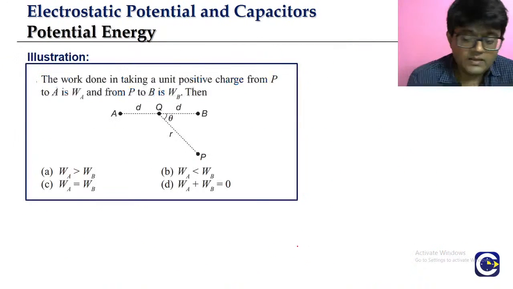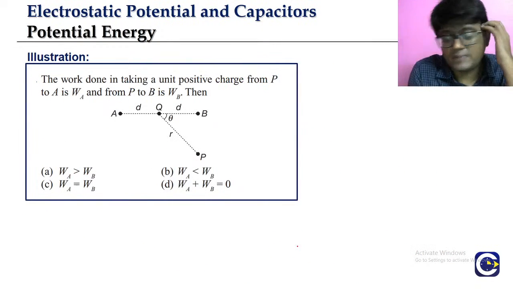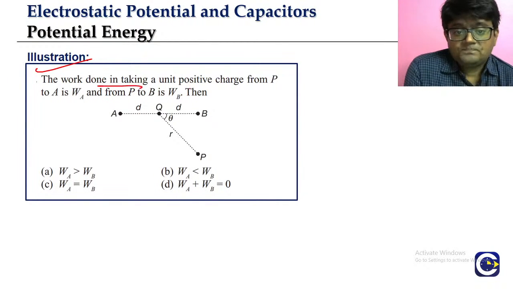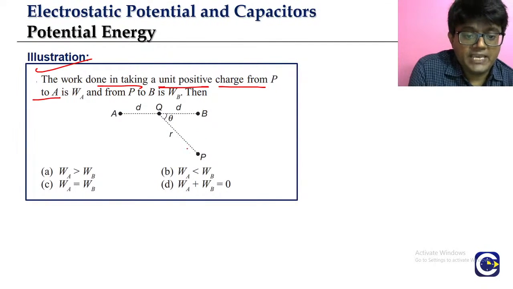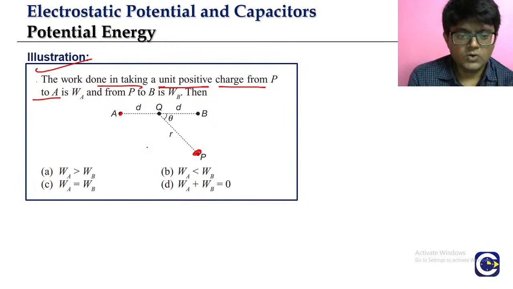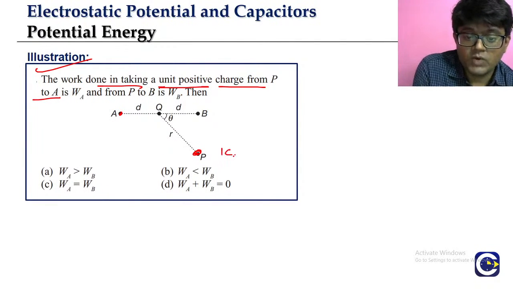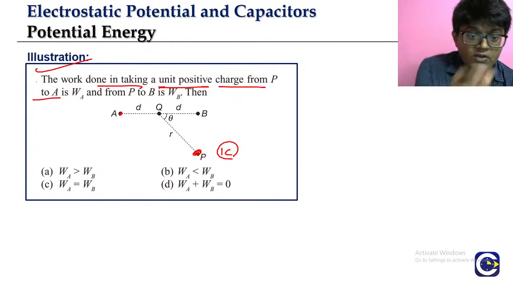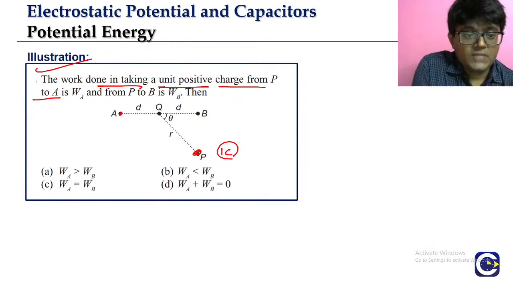ஓகேவா? பாருங்க, this is a very important area. Even past yearlyum we got questions on this. The work done in taking a unit positive charge from P to A. பாருங்க, P ல இருந்து we are taking it to point A. ஒரு unit positive charge means 1 coulomb. 1 coulomb charge, and from point P we are taking it to point A. What is the work done in taking it from here to there?